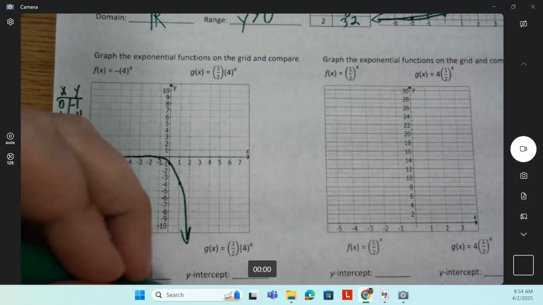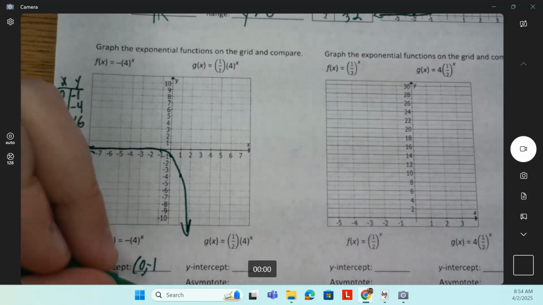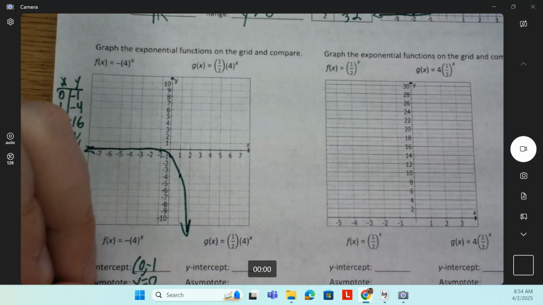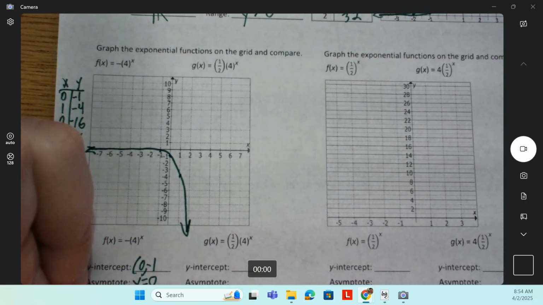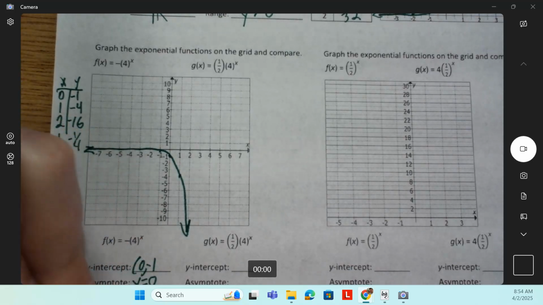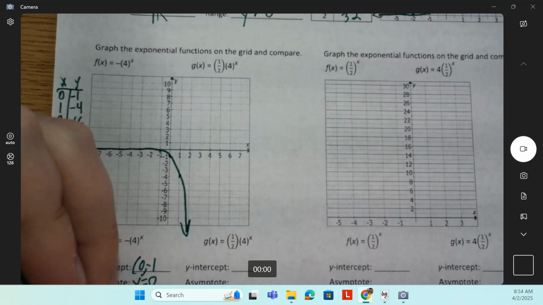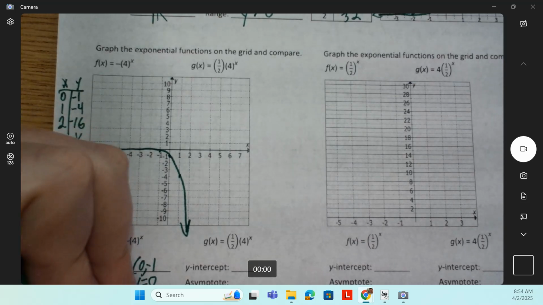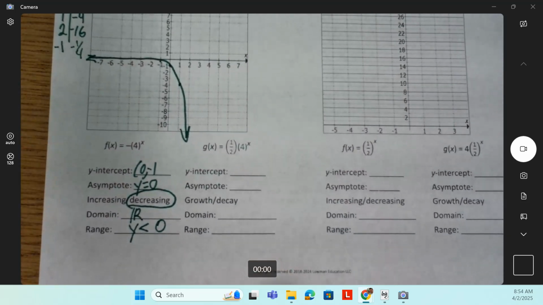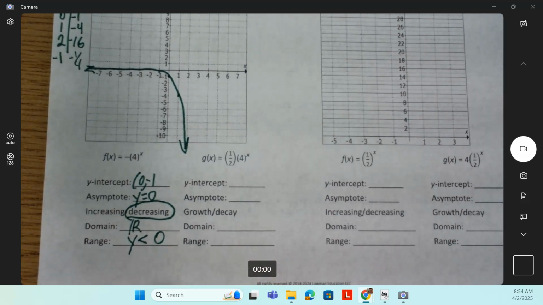My y-intercept here is going to be 0, -1. Asymptote is still y equals 0. This is decreasing because it's moving downwards. Domain again is going to be all real numbers. Then my range, all my y values are going to be less than 0 this time. So on this one, we'd be y less than 0.